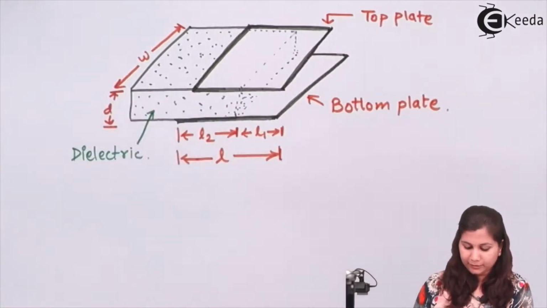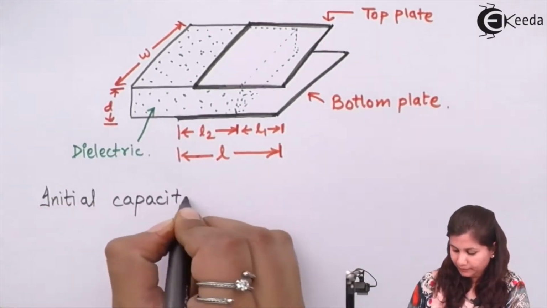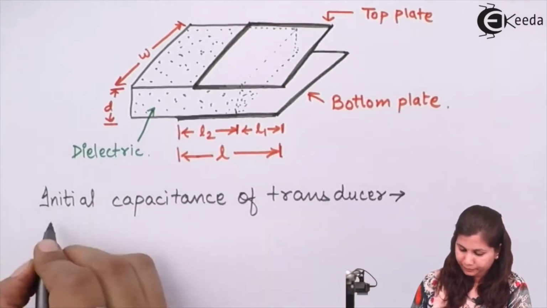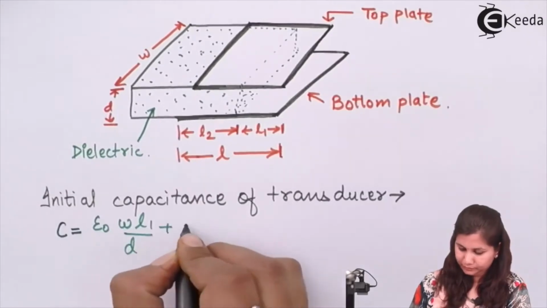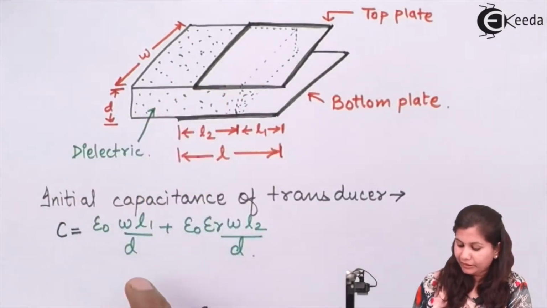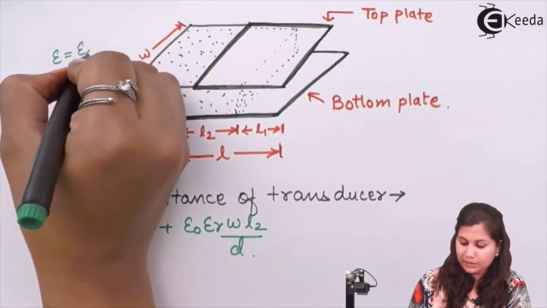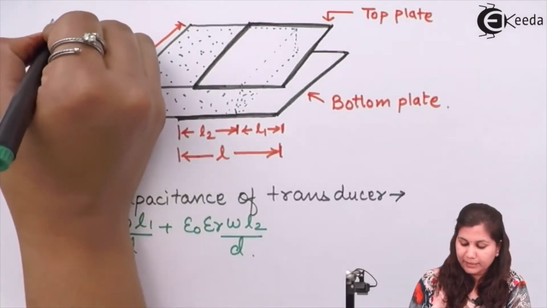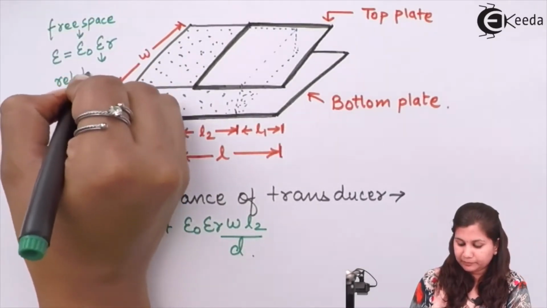So if we write the capacitance value, for this portion where we have the dielectric, the permittivity of the medium is given by epsilon naught epsilon r, where epsilon naught is the permittivity of free space and epsilon r is the relative permittivity.